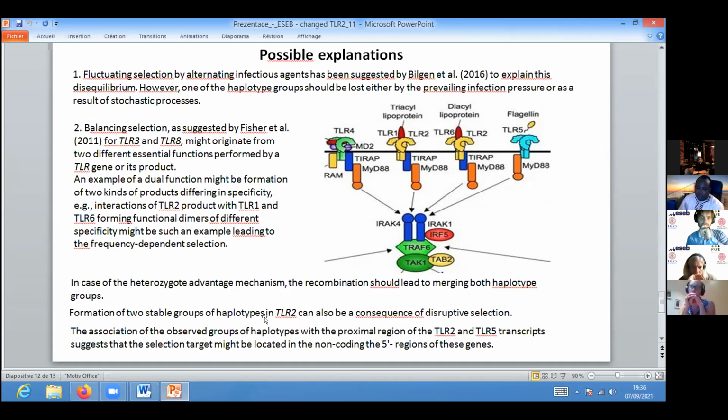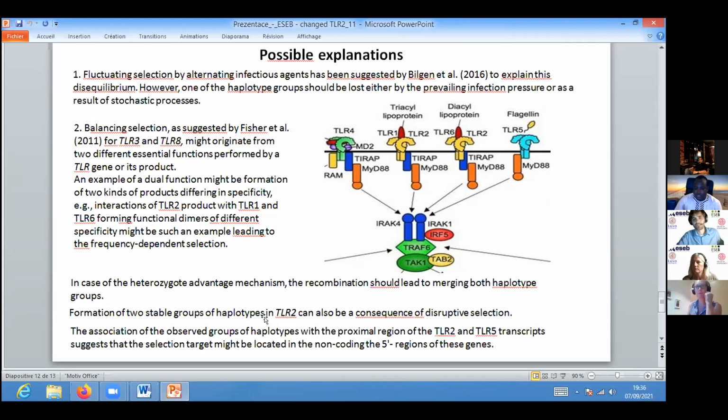In the case of the heterozygote advantage mechanism, the recombination should lead to the merging of both haplotype groups.